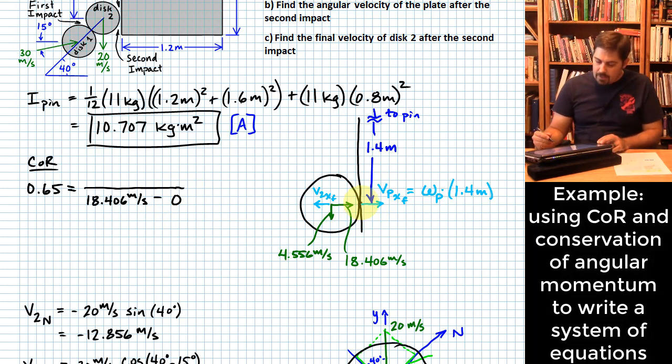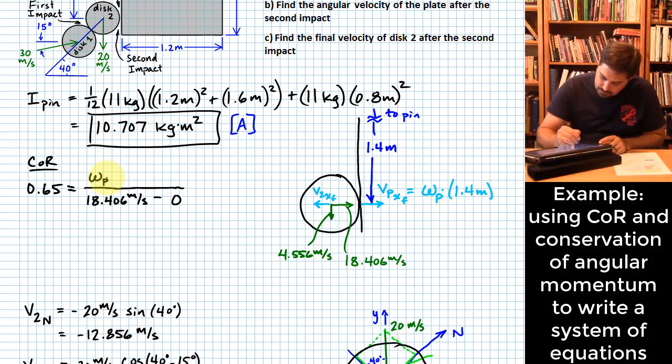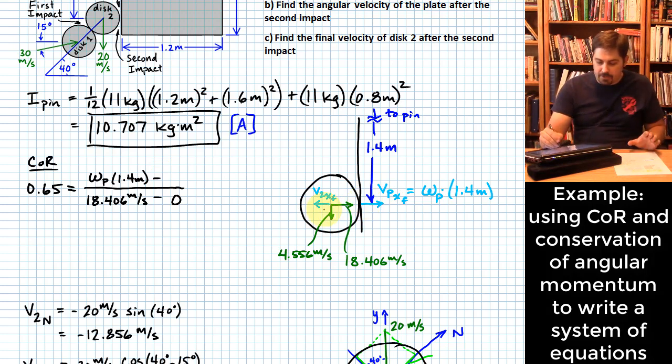Okay? In the numerator, we need the departure. And so now we use this omega p times 1.4 meters as the final velocity there, minus, and now I want to make sure we do this correctly, because you can assume whatever direction you want.